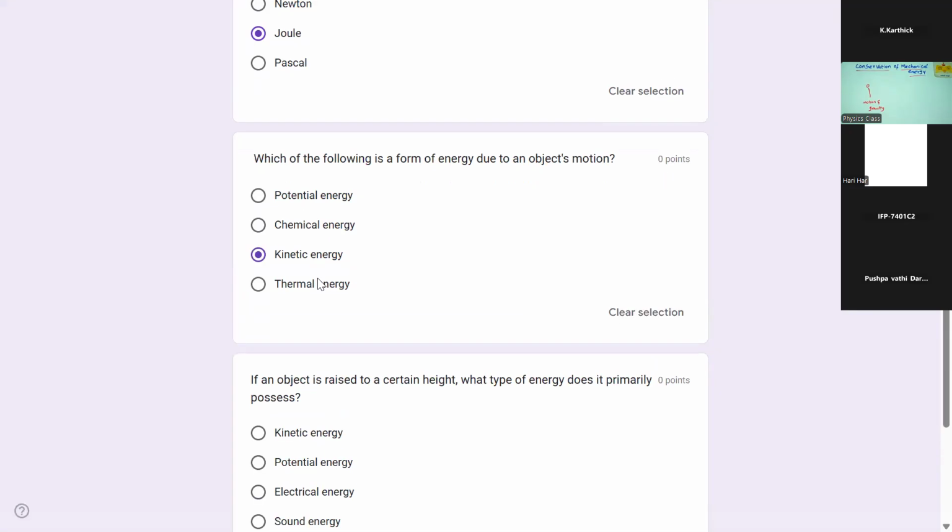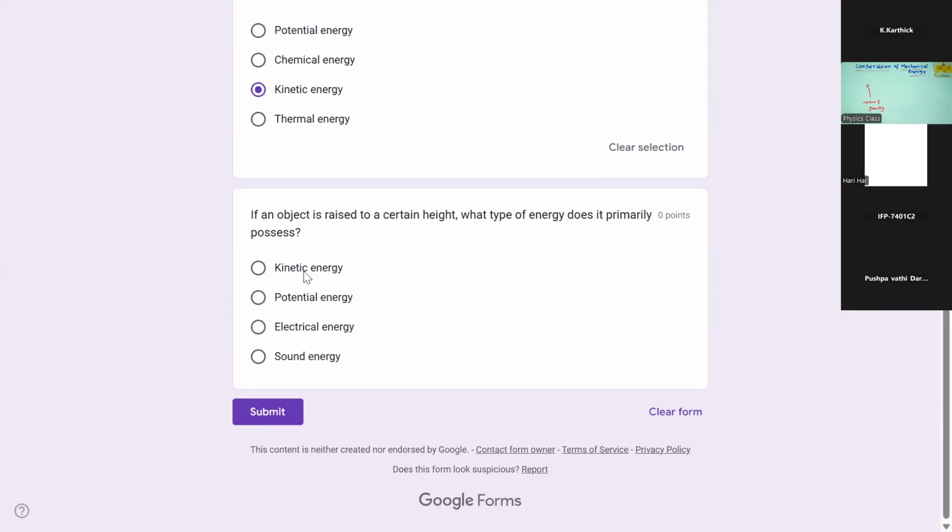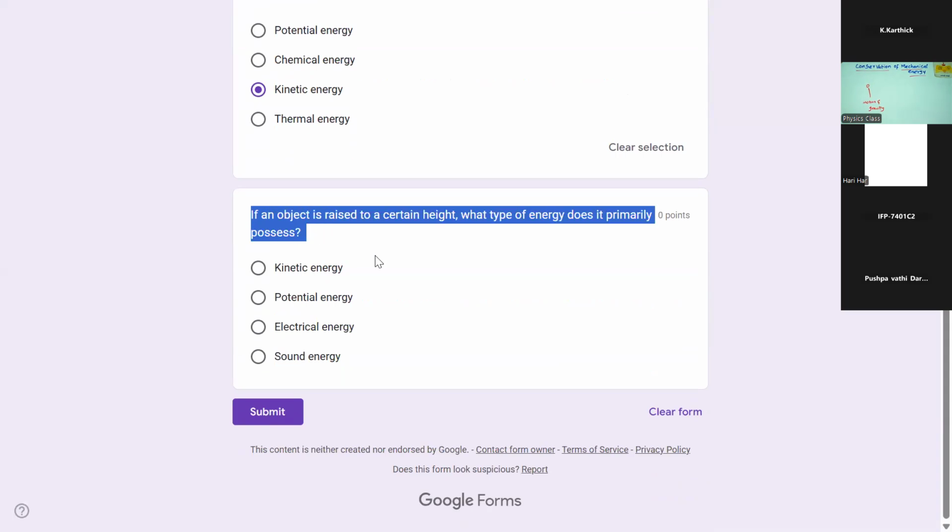Well done. The next one, a very important one: if an object is raised to a certain height, what type of energy does it primarily possess? It may be kinetic energy, potential energy, or maybe electrical or sound energy. For the third one, what is the answer?